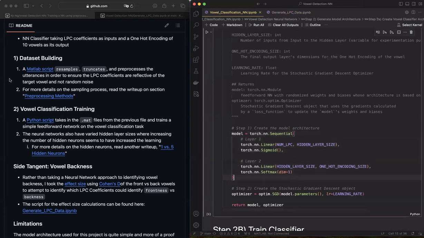We're currently using a 3-layer model. So we have neurons here, which are our input neurons. And we have 14 of them, each for 1 to 14 of the LPC values. And on the output here, we have 10 neurons. And this is the 1-hot encoding for each of our 10 neurons.